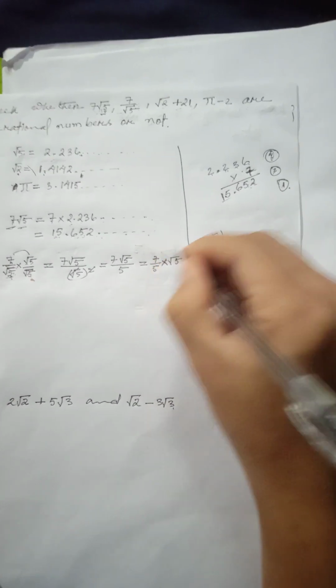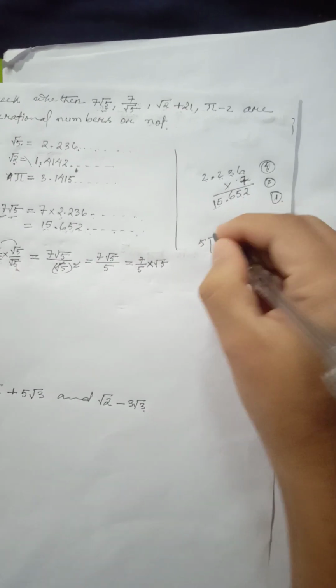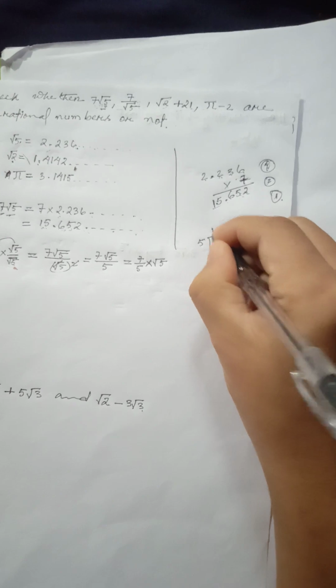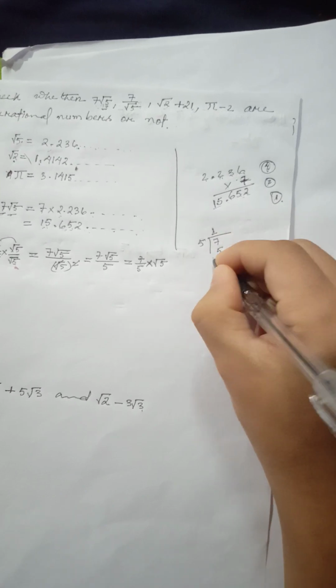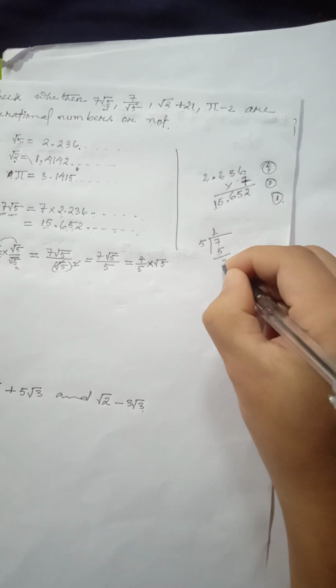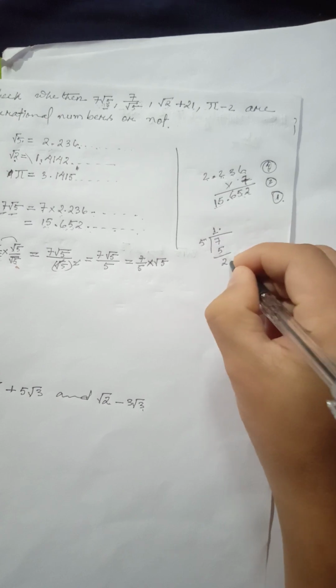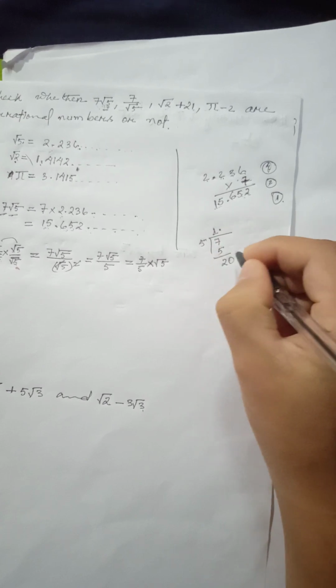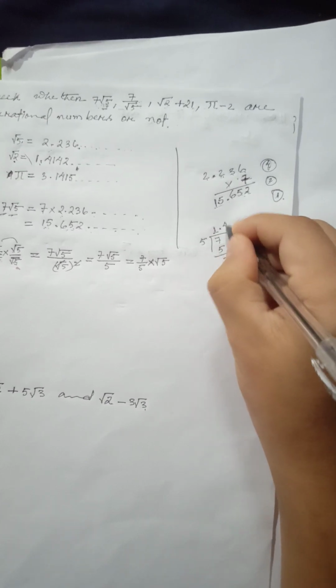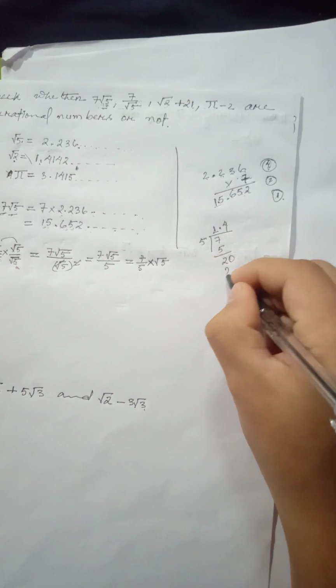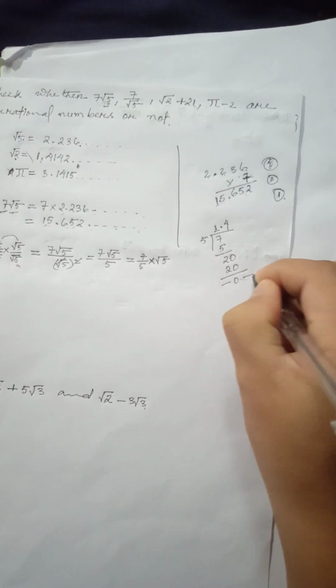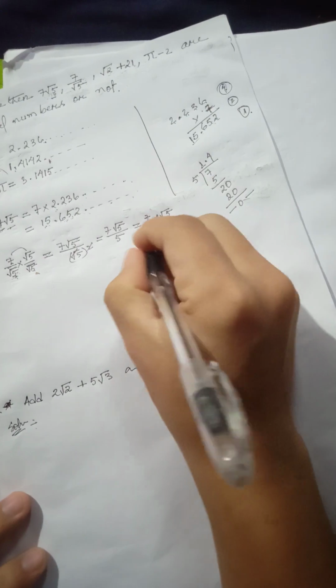Just divide 7 by 5. 5 one time is 5. 7 minus 5 will give you how much? 2. Here there is a point, so we can add zeros. 5 times 4 will give you 20. That is 1.4.